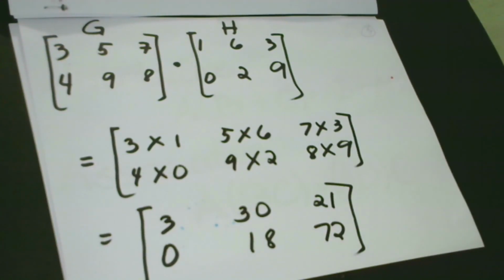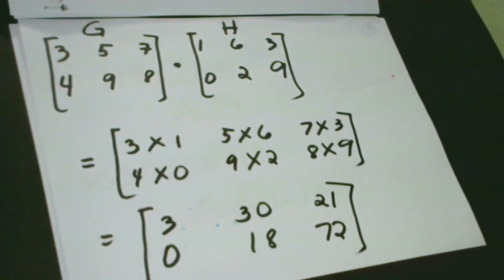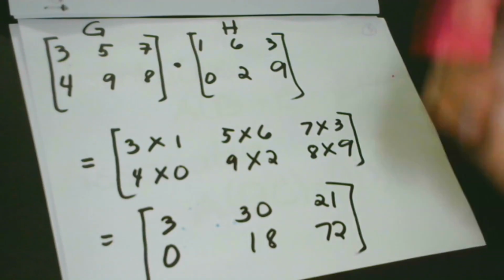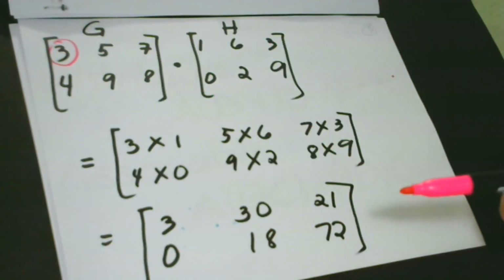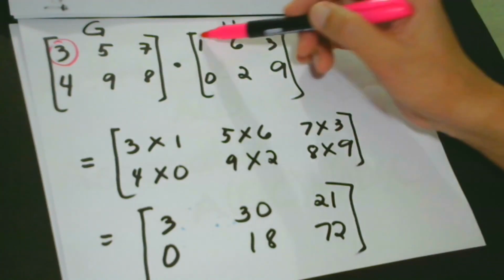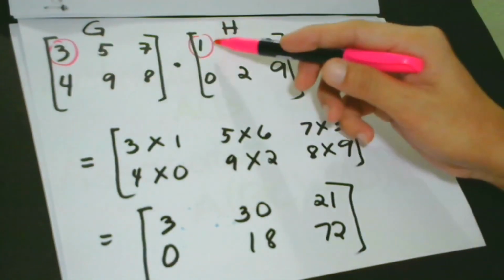So to concretize our ideas, let's examine this example. We have the matrix G, the matrix H here. We're going to multiply them. So what shall we do? Let's go to the first value of G, and then the first value of H. Basically, we're going to multiply them.